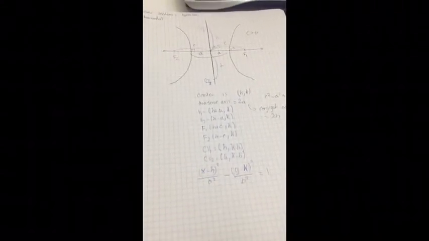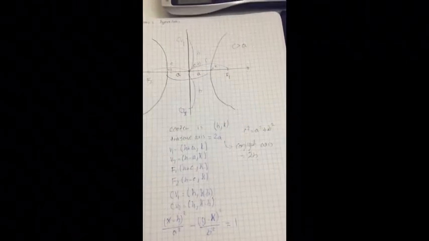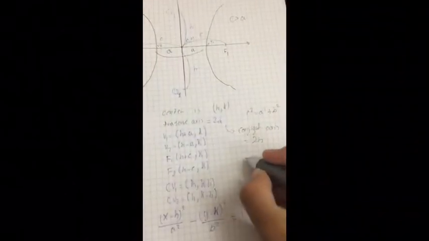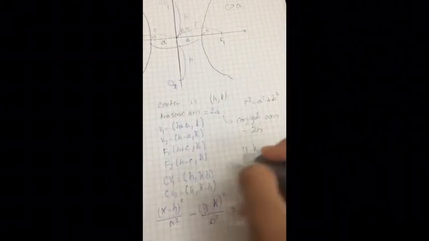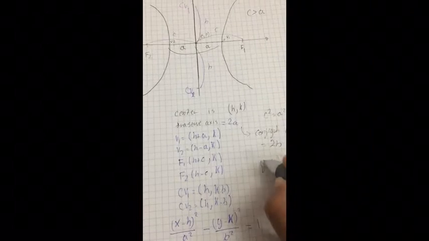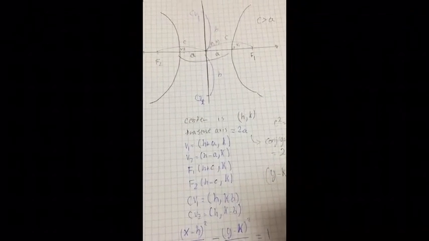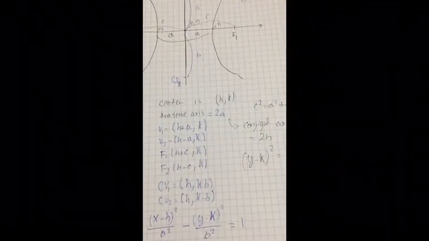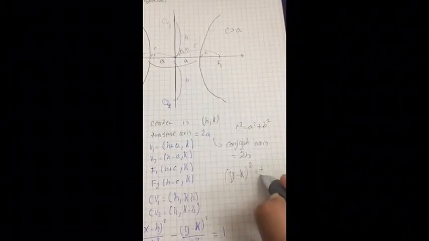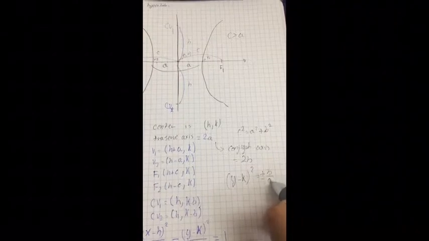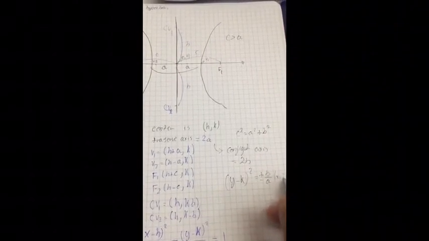And this hyperbola also has asymptotes. The asymptote equation of this hyperbola is y minus k equals plus or minus b over a times x minus h.